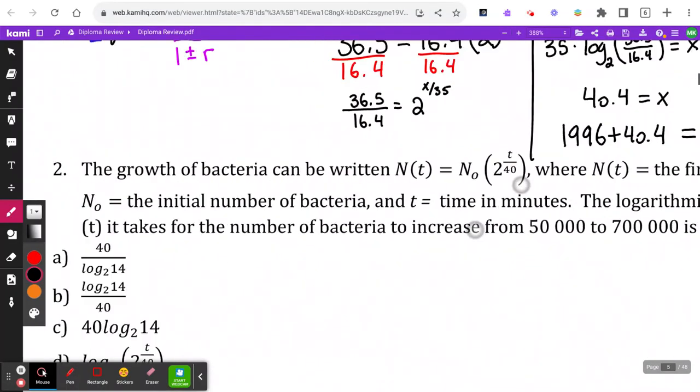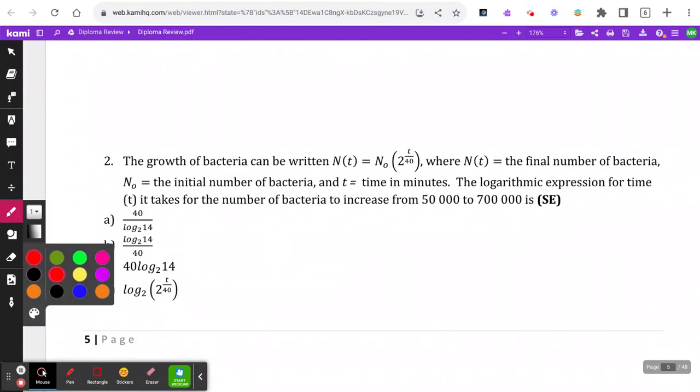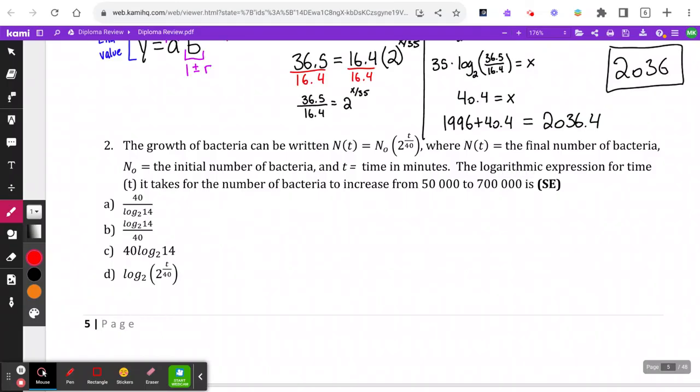Okay, they asked us, we're looking for a log expression for t. I'm trying to figure out what t equals, and I want it written as a log. The only way I can do that is if they somehow gave me all the other variables. In this case, that's N of t and N naught. They did do that.